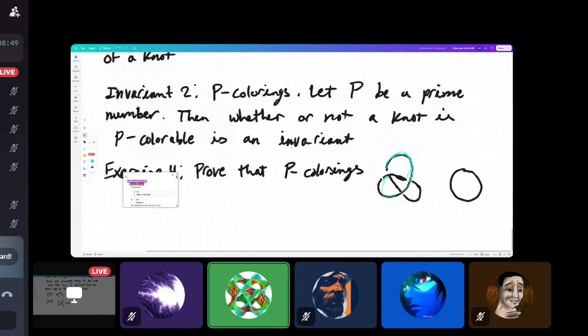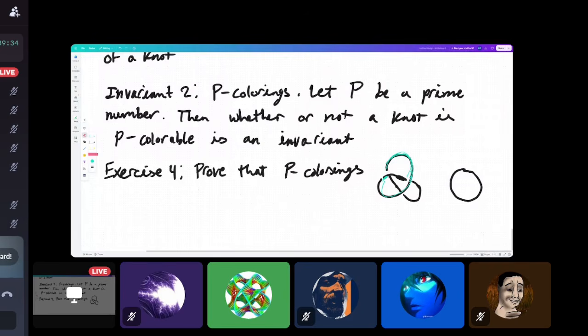I guess I should say the diagram of the knot is three colorable. Does that make more sense? Having a diagram that's three colorable, not the knot itself, the diagram, the projection. So, for example, the diagram of the trefoil knot in R2 is three colorable, but the unknot is not three colorable. So they definitely are not going to be equivalent knots.